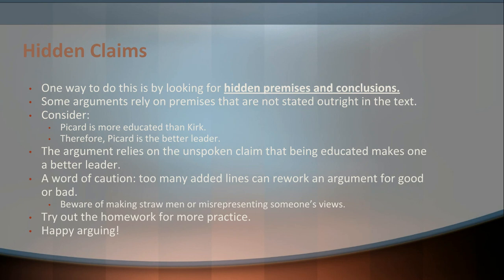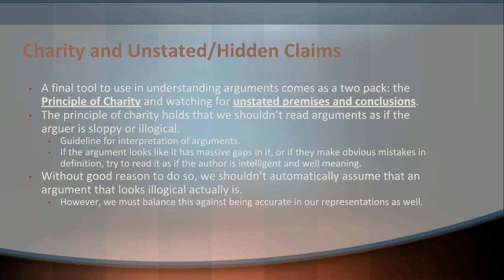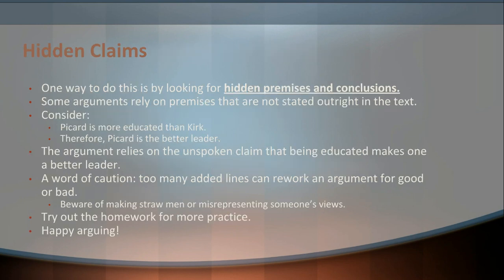So, if we take that principle of charity and try to be at least moderately charitable, if we assume that whoever wrote this argument had good intentions, or that they're overall thoughtful and had a good idea when they were writing this sort of thing, we can test and see, okay, is there something I can add that fills the gap between premise and conclusion?